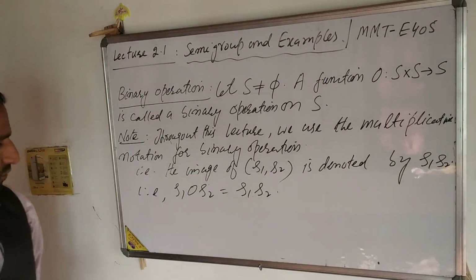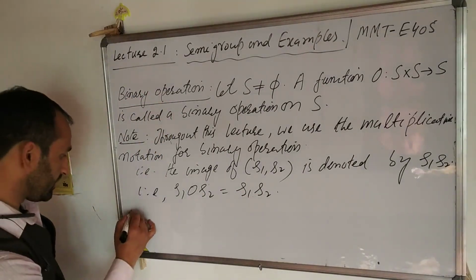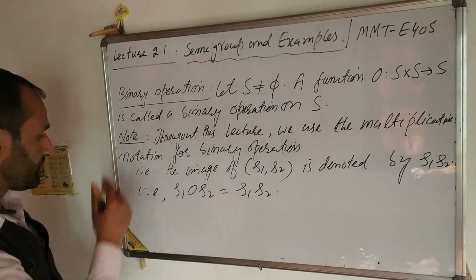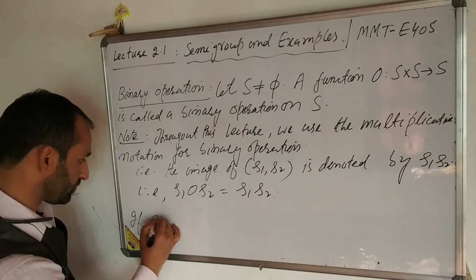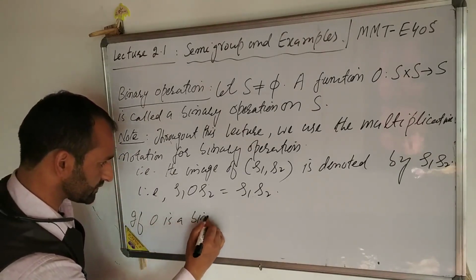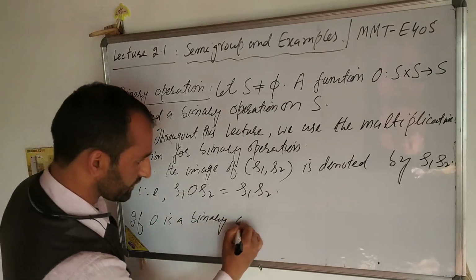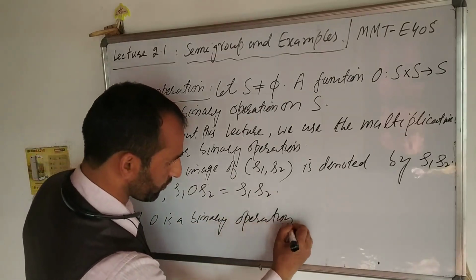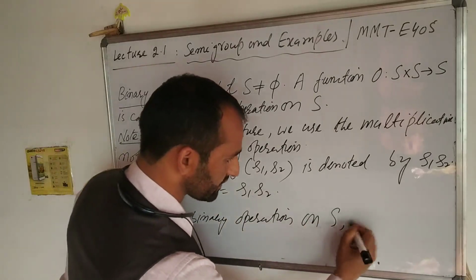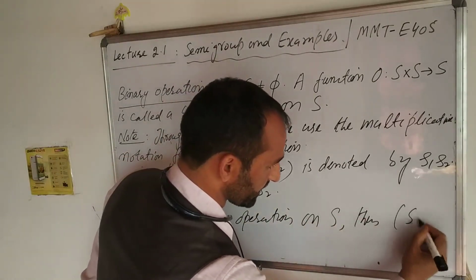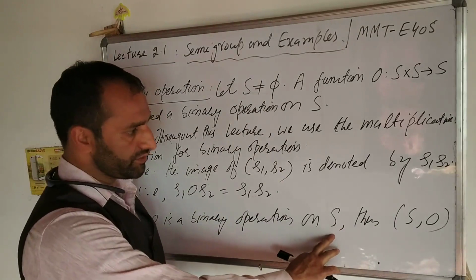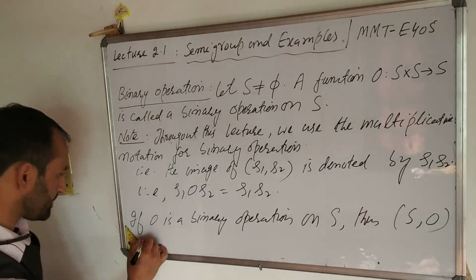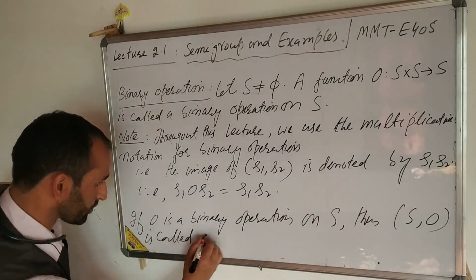Next, we define groupoid. If o is a binary operation on the set S, where S is a non-empty set, then the ordered pair (S, o) is called a groupoid.